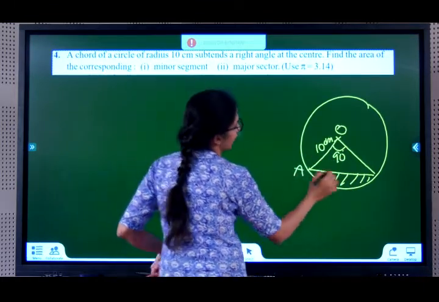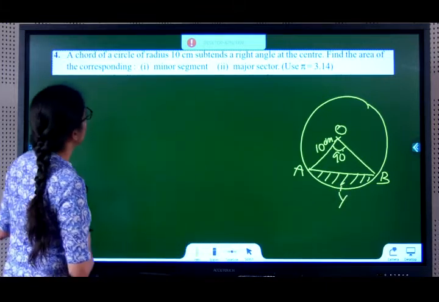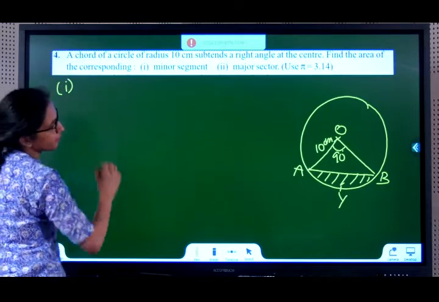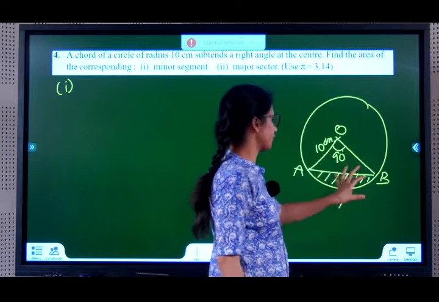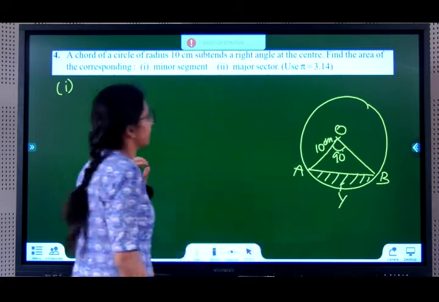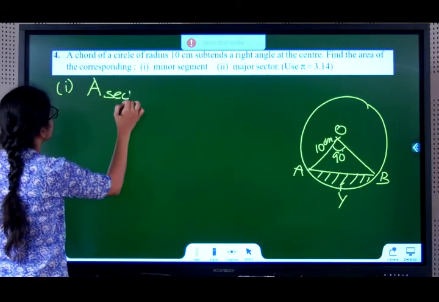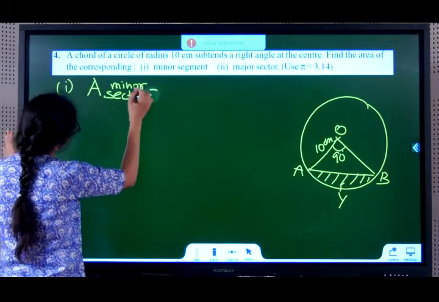So first we will find out the area of the minor segment. What is the area of the minor segment? Area of minor segment is area of sector minus area of triangle. To find the area of sector, easy. Because they have told minor and major in this question, we will write minor, major.